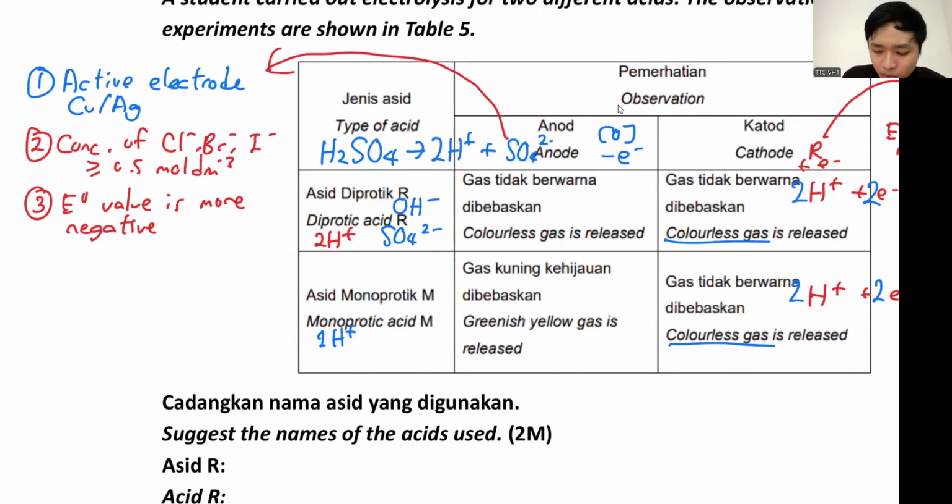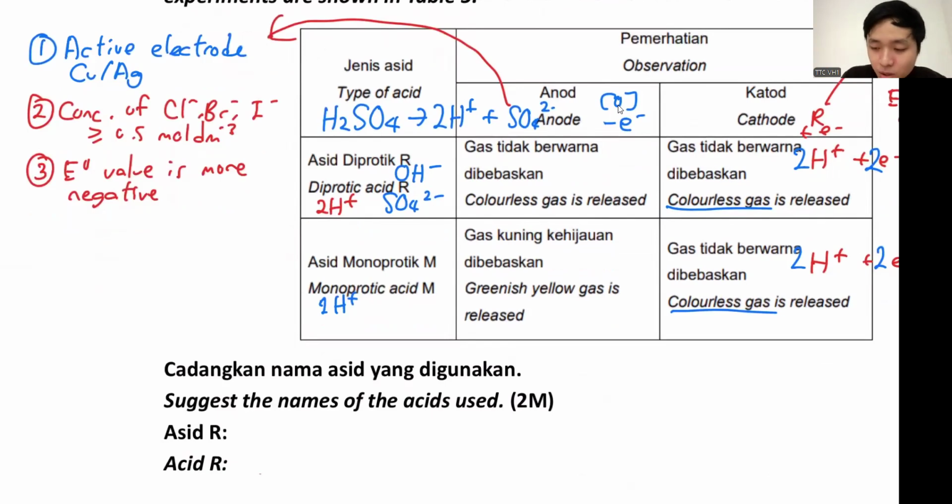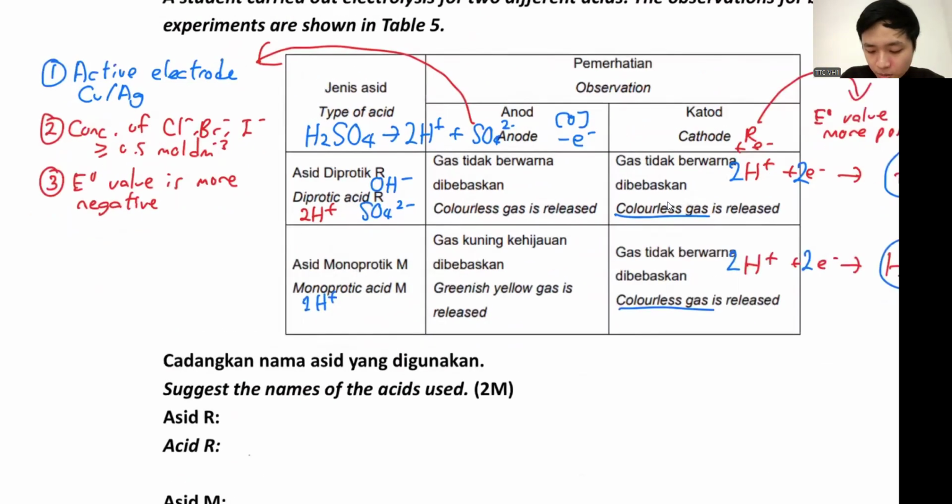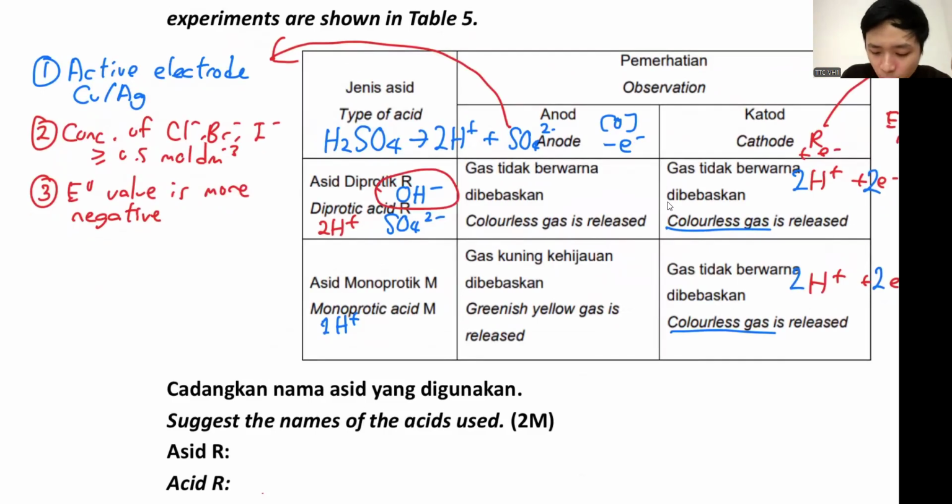So then you might ask me, wait, what is the E naught value of hydroxide ion and sulfate ion?